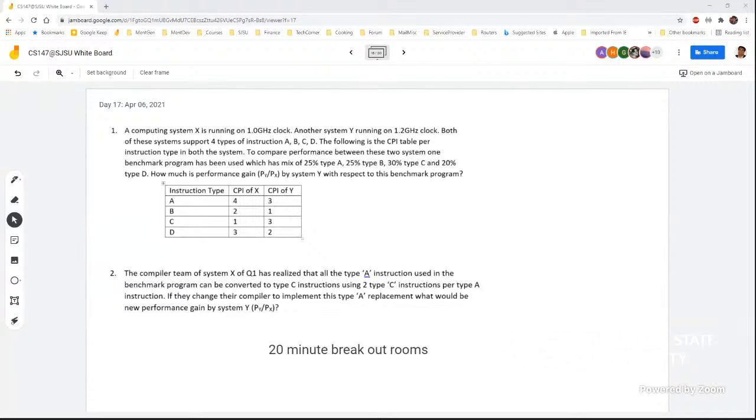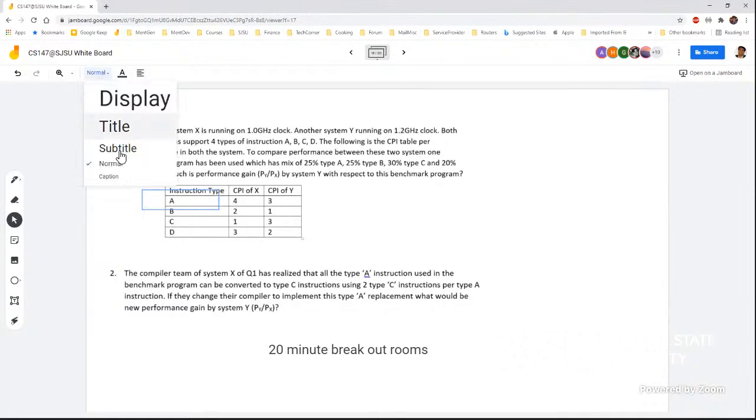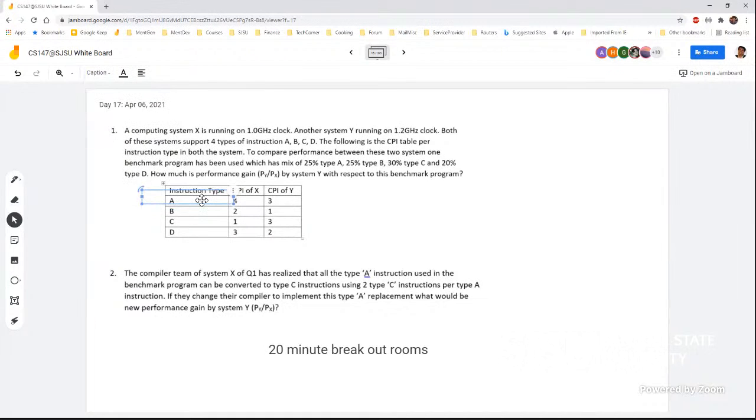Okay, now you see that we have already been given this mix of instructions, right? So if we say there are n instructions in total, what we can safely say is that class A is 0.25 n, right? This is 25%.